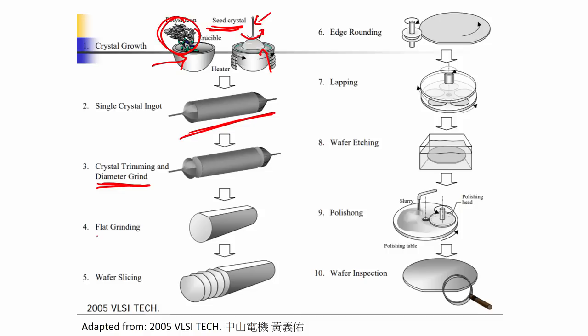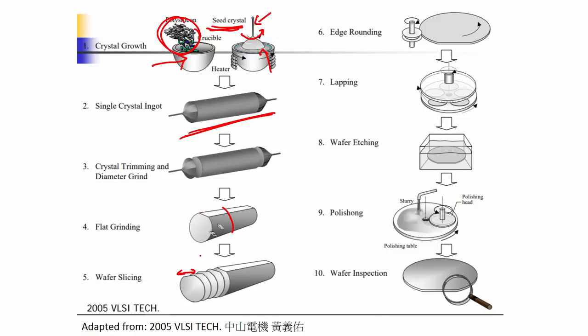Then you have to do flat grinding, you see one of the flats is ground. This will help us get the primary flat, because now if one of the flats is ground and I keep on slicing it like this, I will have the primary flat, you see the primary flat is here, correct.